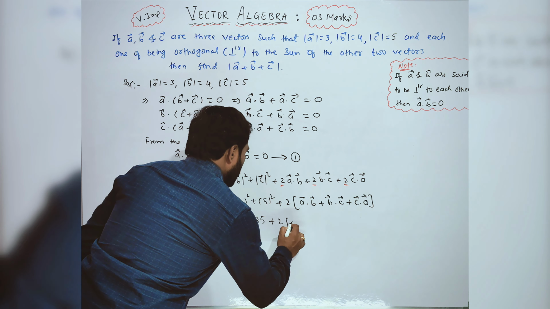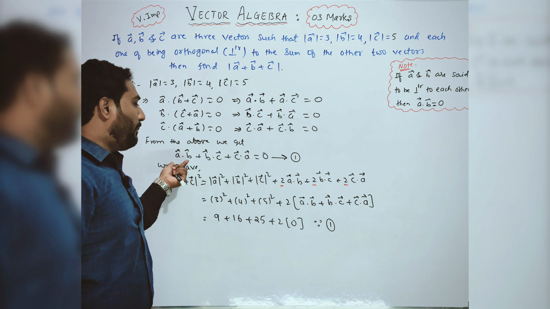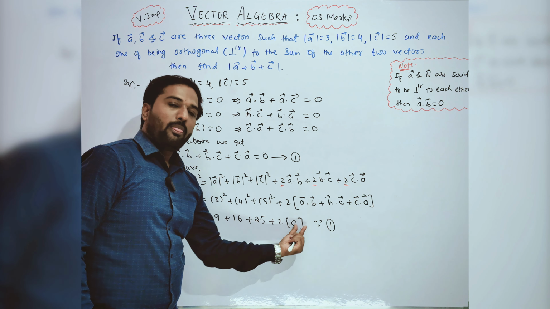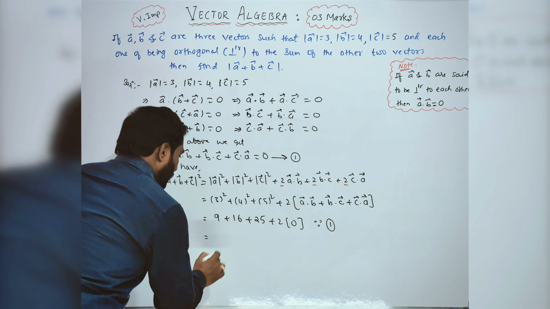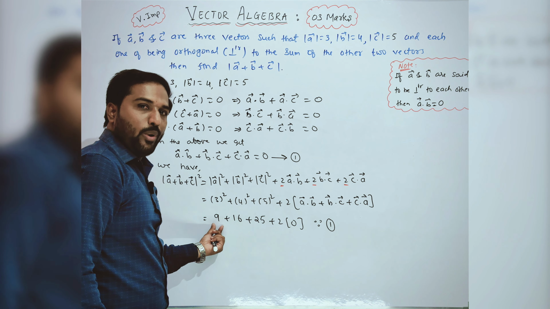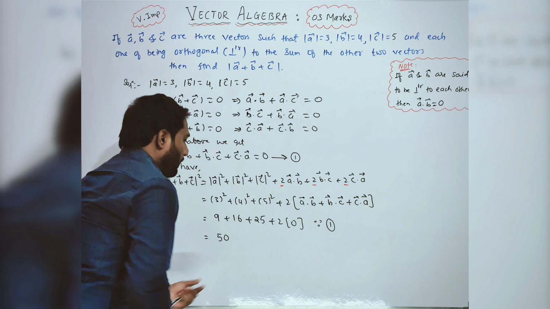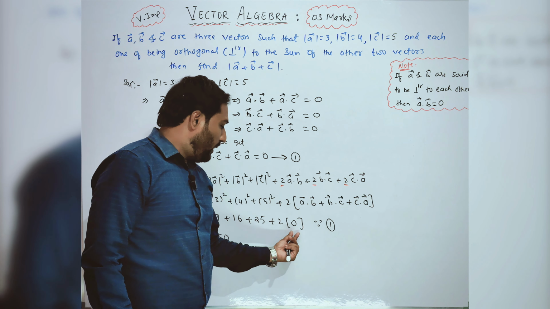And what is the value of this one? Because of equation number 1, A dot B plus B dot C plus C dot A is equal to 0. Here it is, isn't it? From equation number 1. Now let us simplify this. 16 plus 9 is 25, plus 25 is 50. So 2 into 0 is 0.